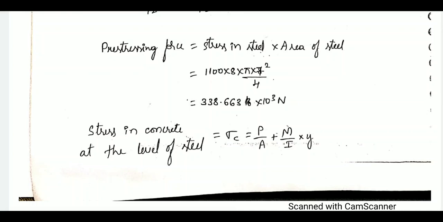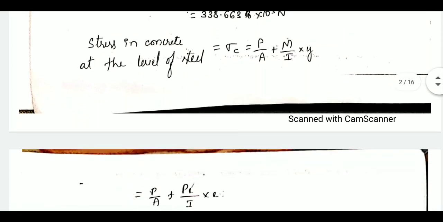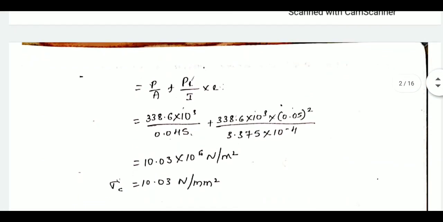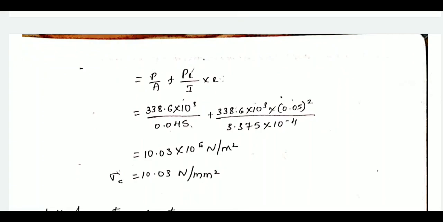So this is the formula to calculate stress in concrete at the level of steel. Remember this formula: P by A plus M by I into Y. Here P is directly given, area we have calculated, M is moment with respect to pre-stressing force about centroid of this section, that is eccentricity.